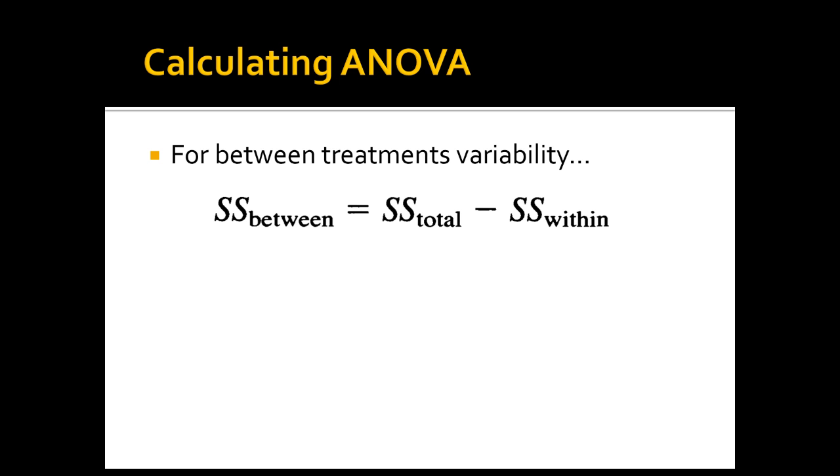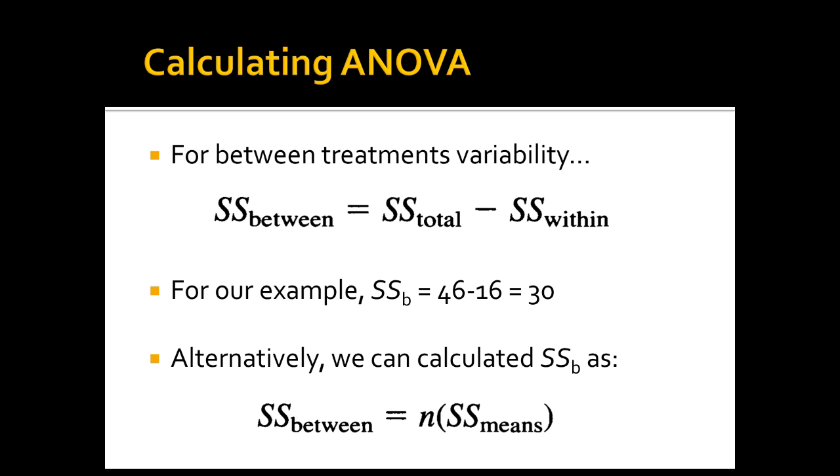And for between treatments variability, you can calculate it simply by sums of squares total minus sums of squares within. So you see why I did sums of squares within first. So that would be SSB, or sums of squares between, is 46 minus 16 equals 30.